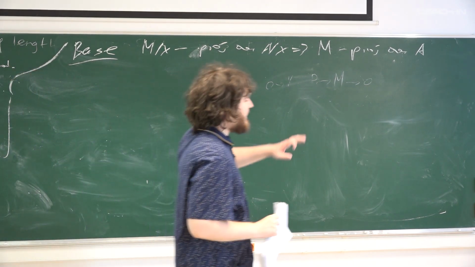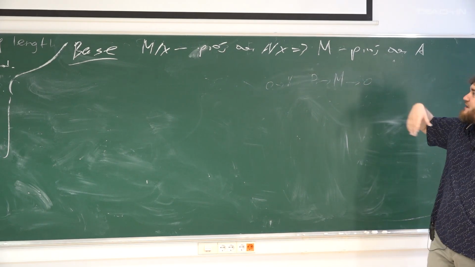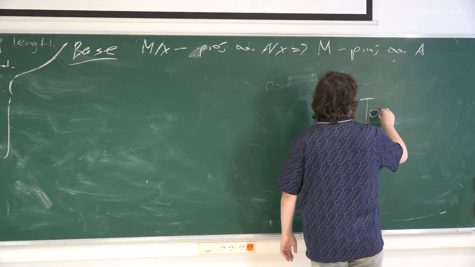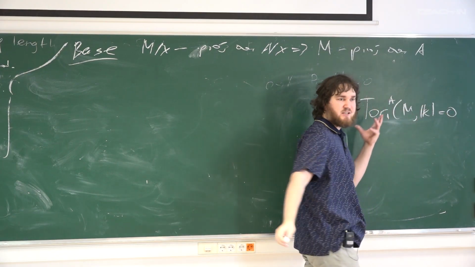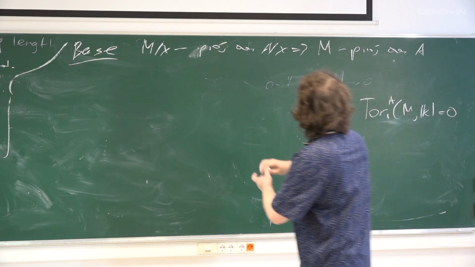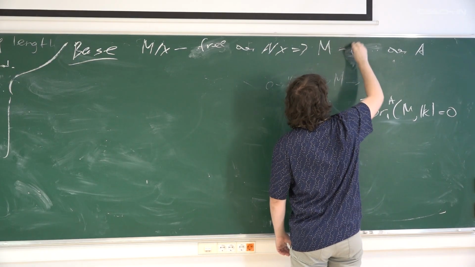Again, as I said before, if we have graded modules over graded rings, then projectivity, flatness, and freeness are the same thing. It's all equivalent to saying that Tor of M with K is zero, from minimal resolutions. So in fact I can say free here. So if it's free, then it's free. That is what I need to check.